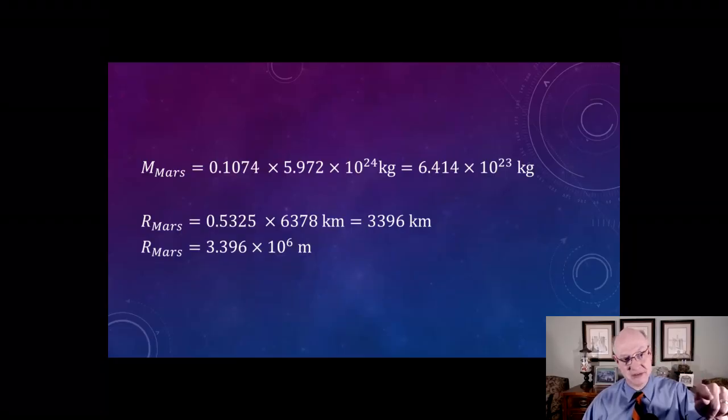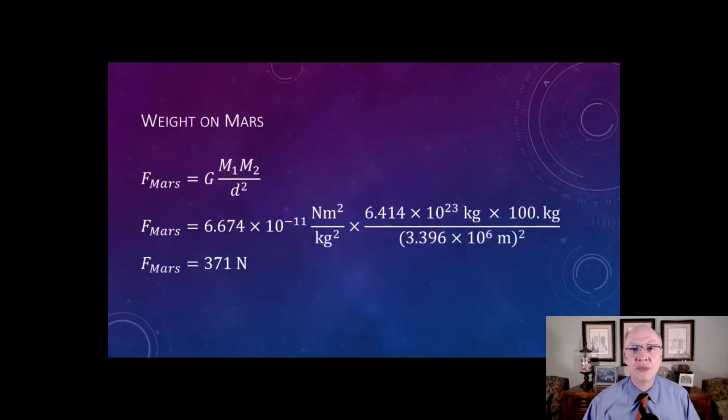Now that we know the mass of Mars and the radius of Mars, let's calculate the force on the astronaut standing on Mars. The force is G times the mass of the first body times the mass of the second body divided by the distance from the center of the first to the center of the second, squared. G is 6.674 times 10 to the minus 11th. The mass of Mars, we said, was 6.414 times 10 to the 23rd kilograms.